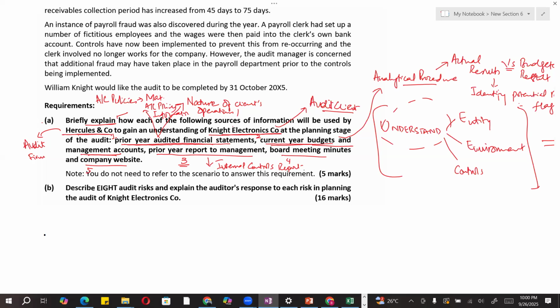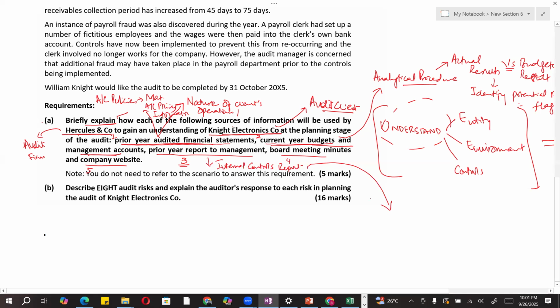Now, there's a report which the auditor issues to the management as a byproduct of the auditing process, because the key output of the auditing process is the auditor's report to the shareholders, to the members of the company. But there's a byproduct of the auditing process, and that is an internal controls report to the management, or the communication of significant deficiencies to those charged with governance.